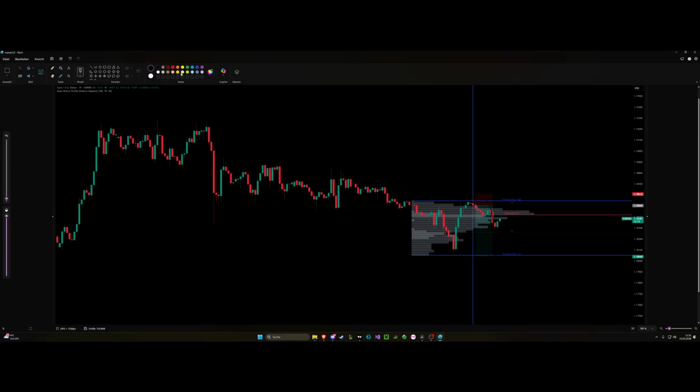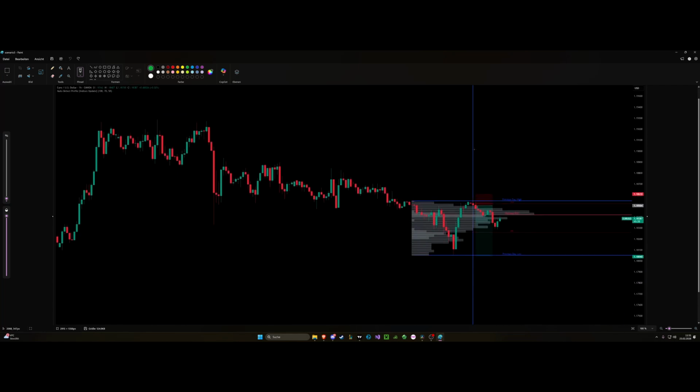We can do the same thing that we did yesterday, and that simply means for price to rotate back through the profile. It might also do something new at the other end of the profile, which in this case would be down here, but that's not what we are looking at in this scenario. Scenario 3 is all about rotating back through the profile.